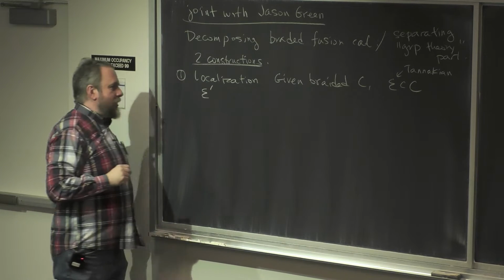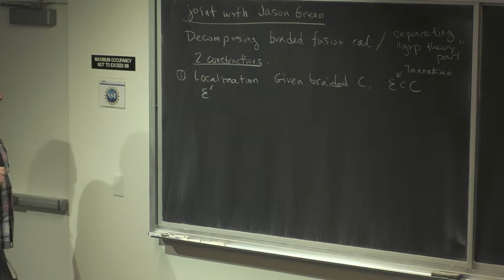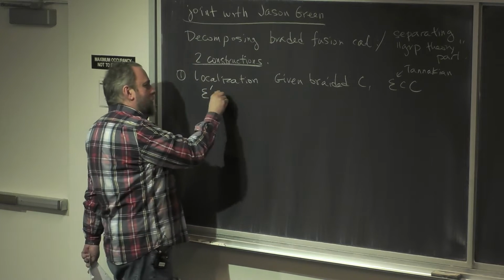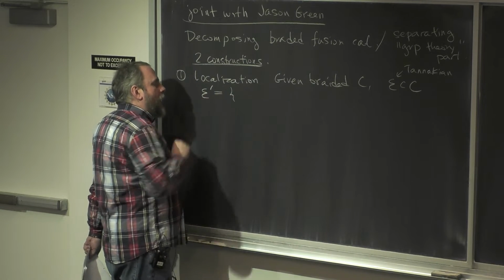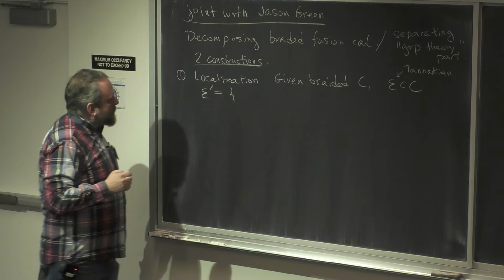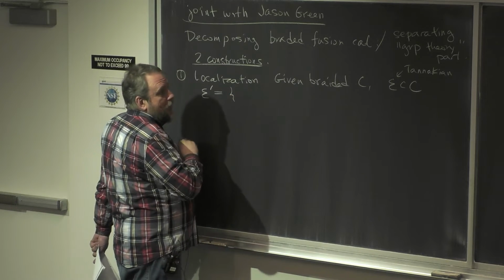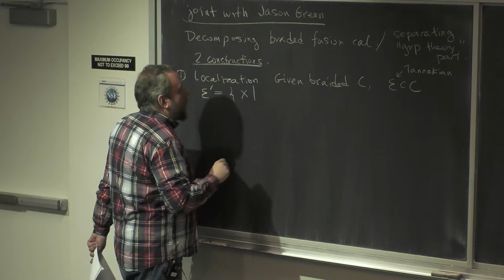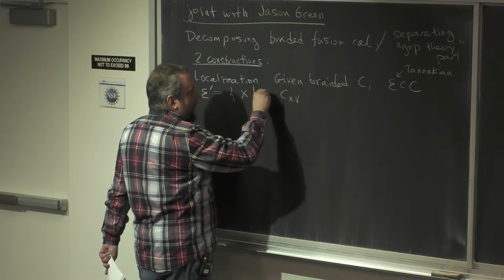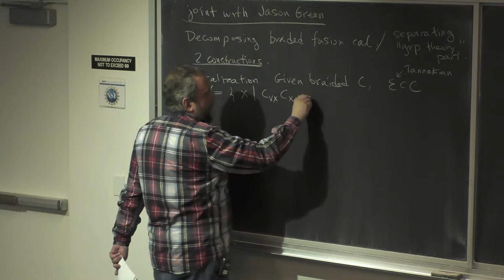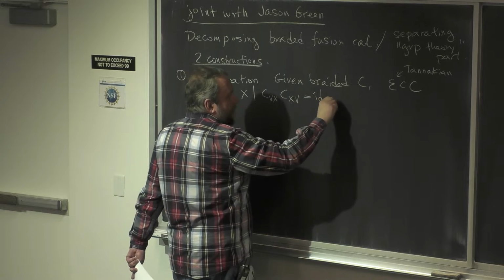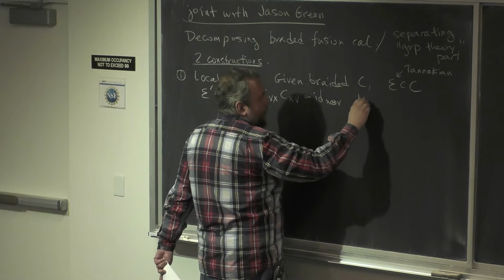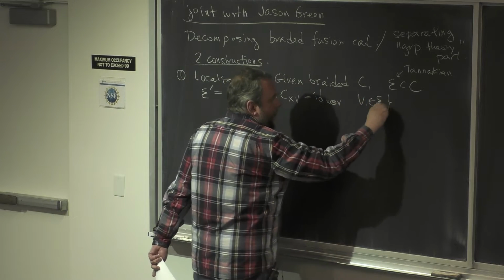It's called the centralizer, but it's really an analog of an orthogonal complement. It's the full subcategory of C consisting of objects X with the property that the double braiding of X and V is identity for all V in E.